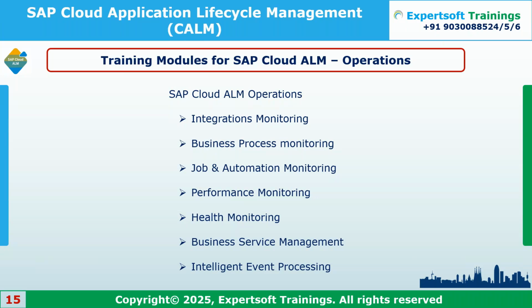Similar to that, SAP Cloud ALM also offers intelligent event processing, where we can set notifications to a certain set of people, have some events created for certain types of alerts, and suppress some types of alerts if it's a recurring alert, if it's a known issue that is recurring. So we can also have these types of events created.